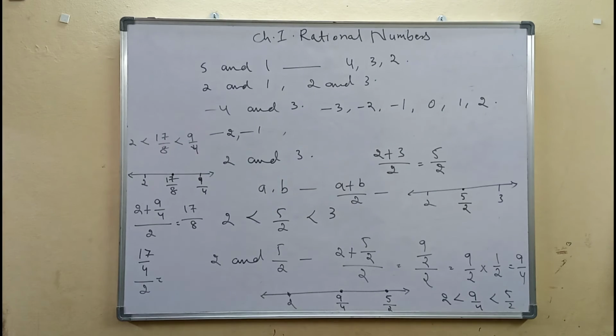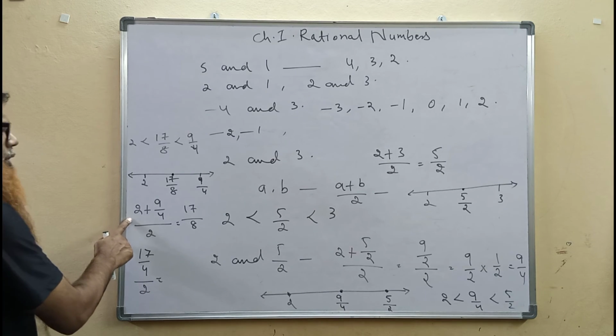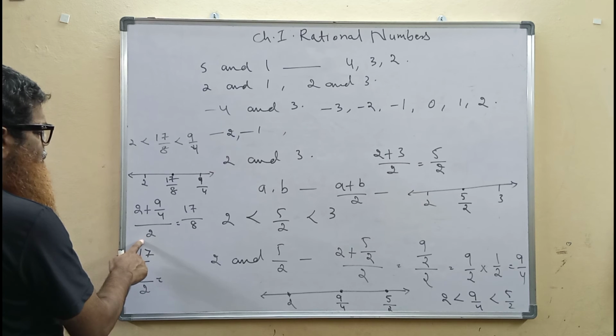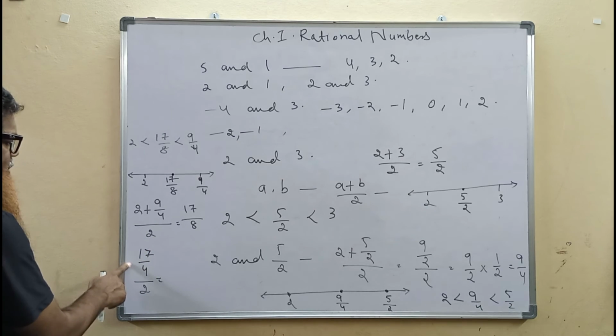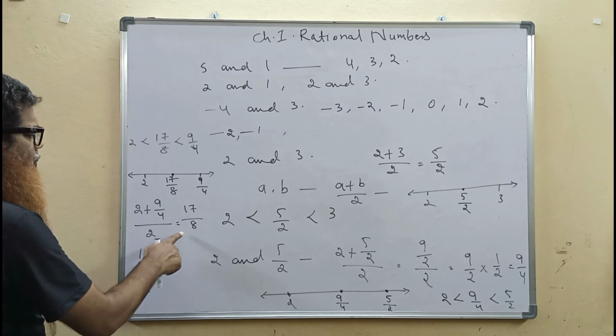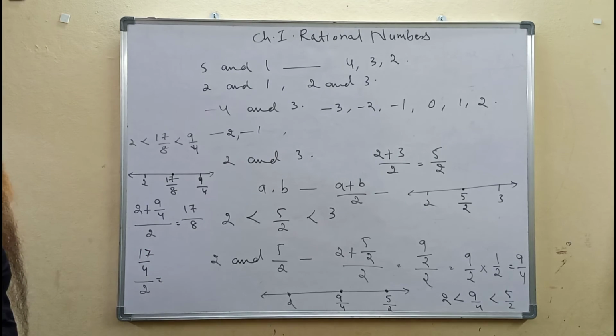Now we can find a rational number between 2 and 9 by 4. That is the mean, (2 plus 9 by 4) divided by 2, which is 17 by 4 divided by 2, which is 17 by 4 multiplied by 1 by 2, which is 17 by 8.